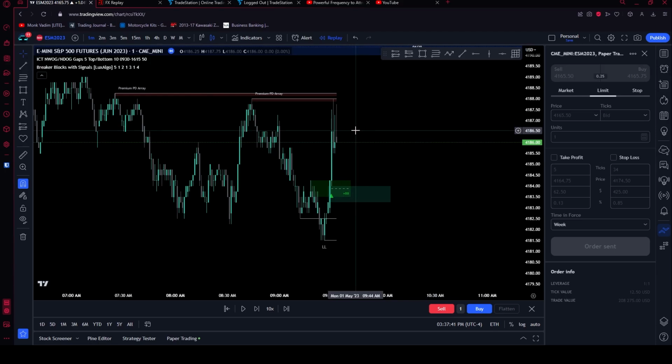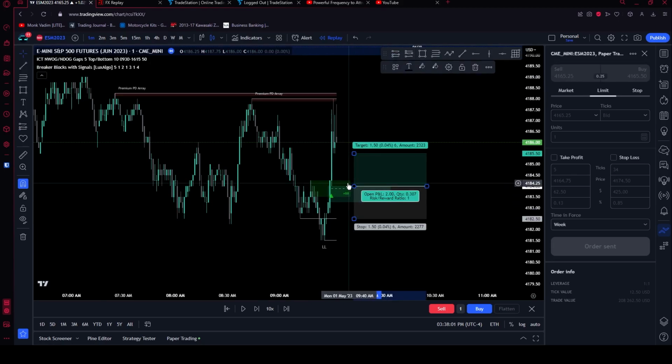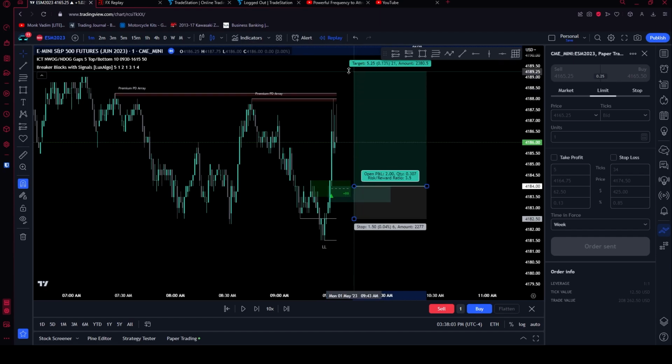Or the market has other ideas and it just busts right through your setup and then flips and turns into a bearish breaker unicorn setup. So what I wait for is for it to come down past my line of entry, where the two are going to overlap. My goal is up.